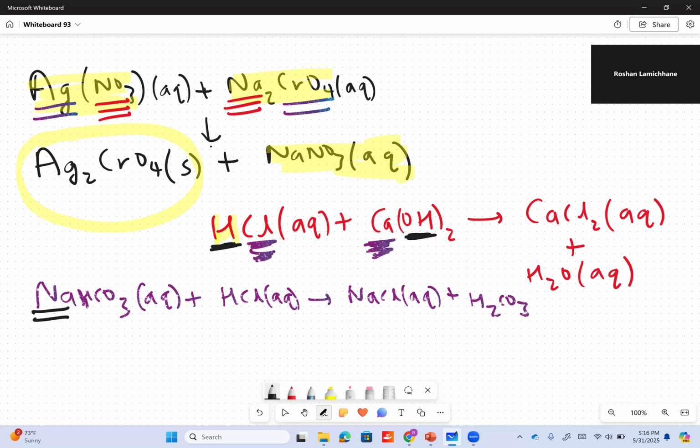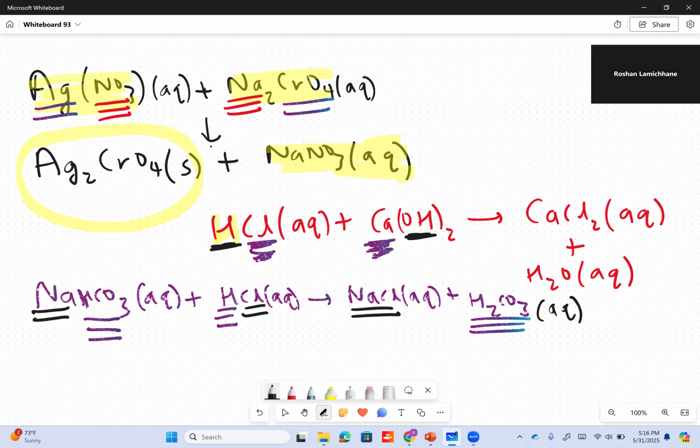As you see, this is an example of a double displacement reaction: Na partnering with Cl, and then HCO3 partnering with H to form H2CO3. There's an exchange of partners. But how is this a gas forming reaction?